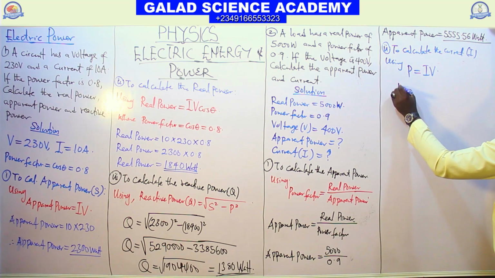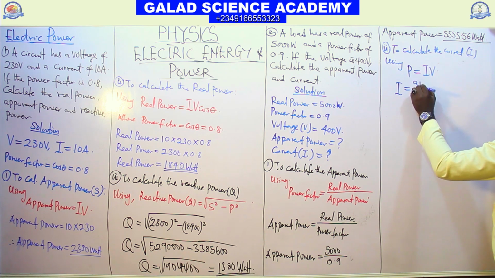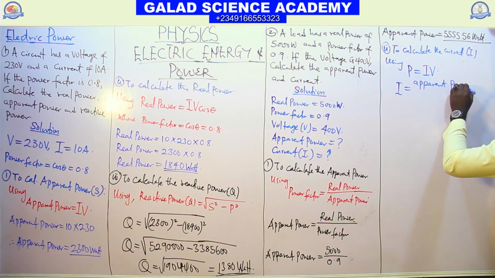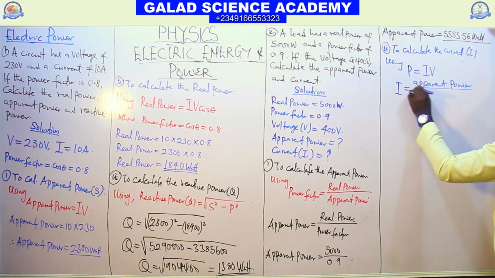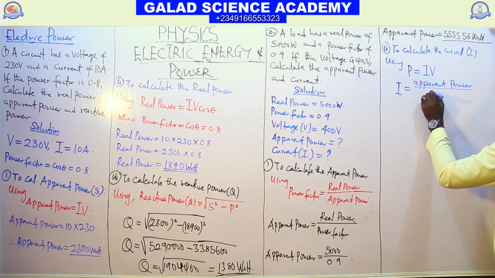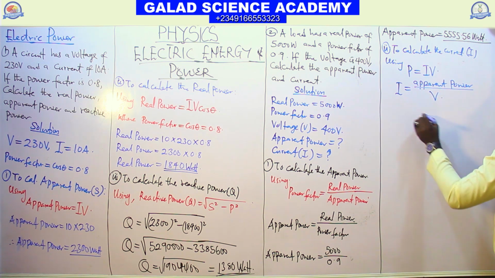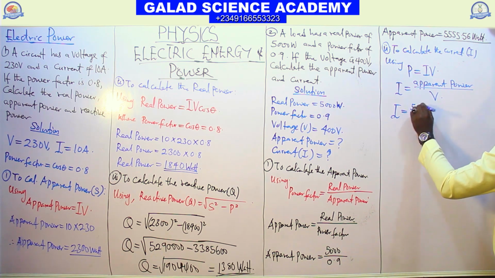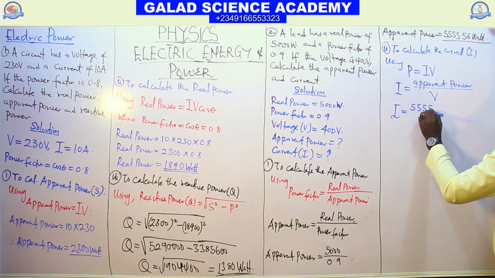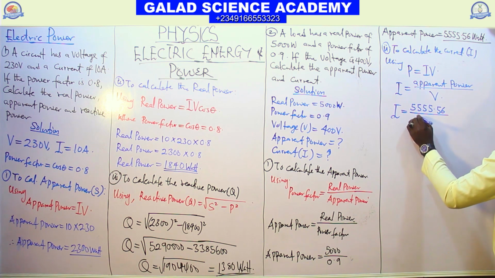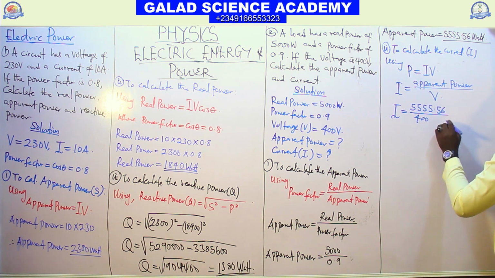The current I will now be apparent power over potential difference V. So current I will be 5555.56 over the potential difference, 400.